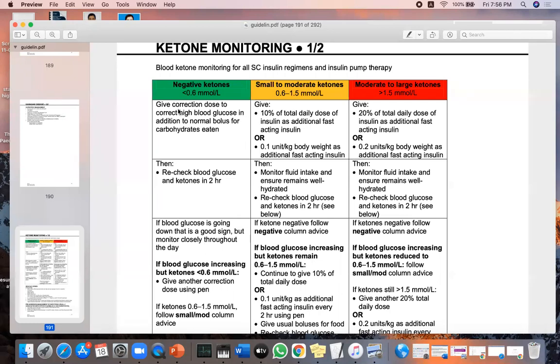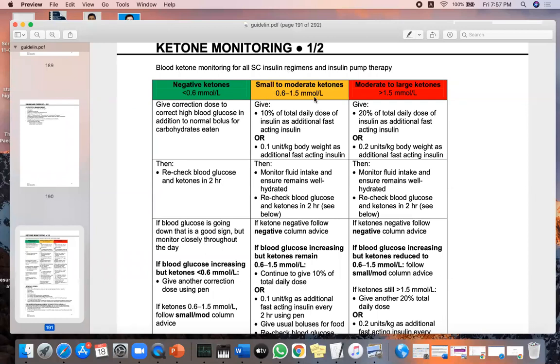Now, correction dose you will give when the blood sugar is more than 14, but urine ketone is negative. Negative means it is 0.6 millimole per liter. Now, suppose your blood sugar is more than 11.1, but your ketone is 0.6 to 1.5.